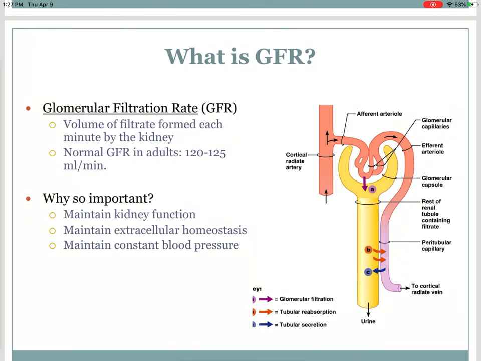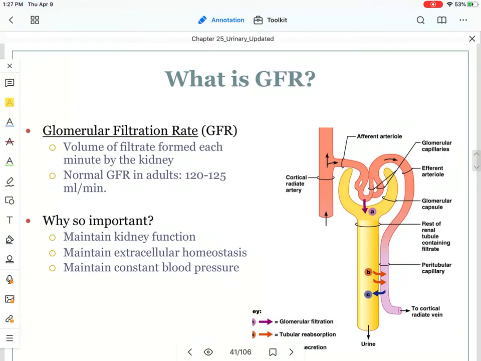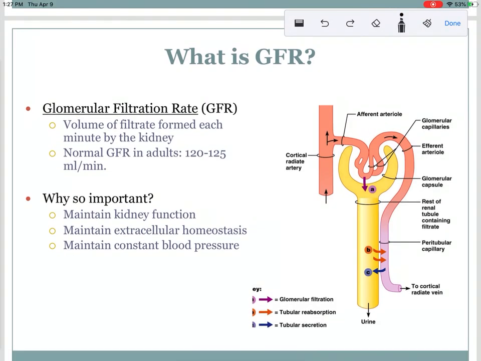All right, let's talk about glomerular filtration rate. Let's first define it. GFR is defined as the volume of filtrate formed each minute by the kidney. That's a true definition. But if we want to put it in our own words, we could say that glomerular filtration rate is the rate at which the glomerulus filters.